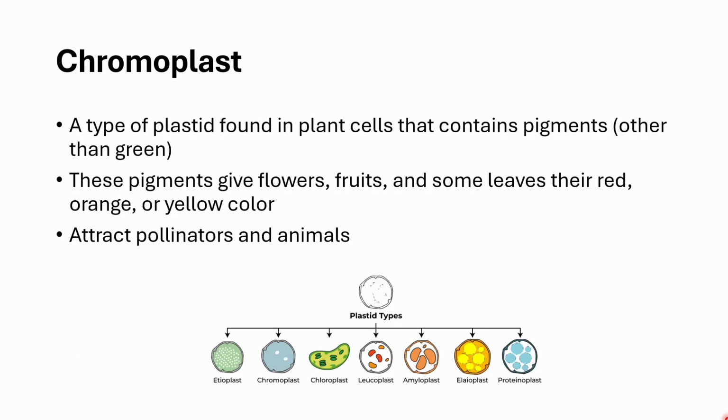The next one is the chromoplast, a type of plastid found in plant cells that contains pigments other than green. These pigments give flowers, fruits, and some leaves their red, orange, or yellow color, and the main reason for this is to attract pollinators and animals.